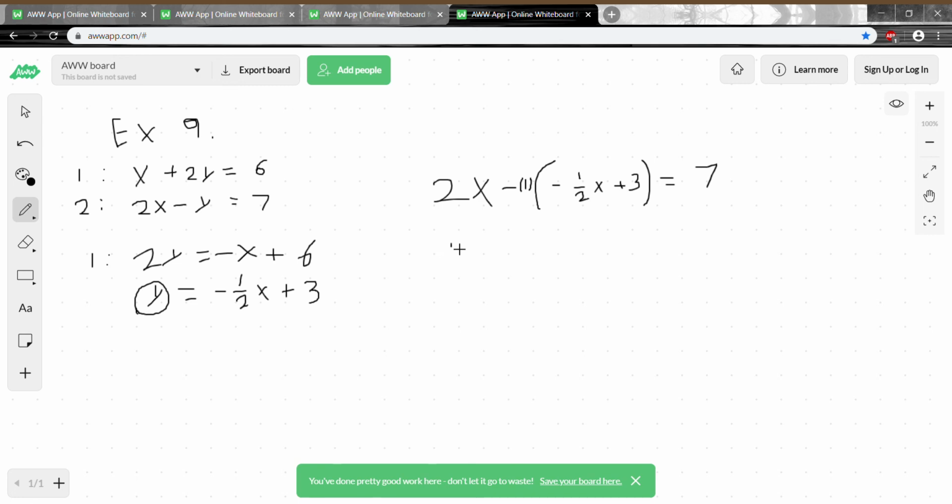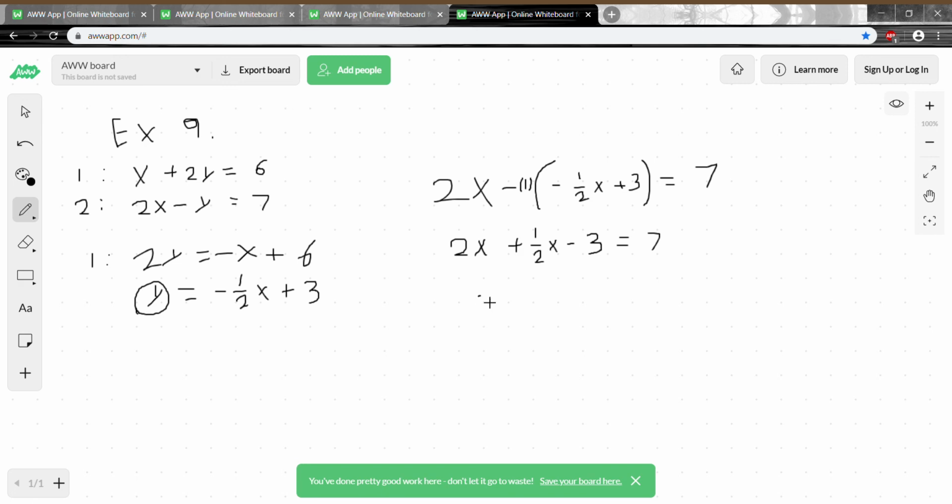So that is going to equal 2x plus 1/2 x minus 3. This is where a lot of you will make mistakes, because that -1 has to be distributed across the entire quantity. Now, we are going to solve for x. We're going to add 3 to both sides, and we're going to go ahead and combine these two.